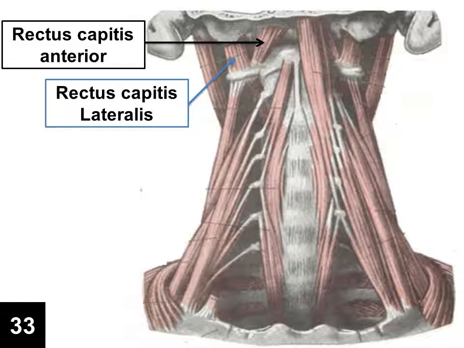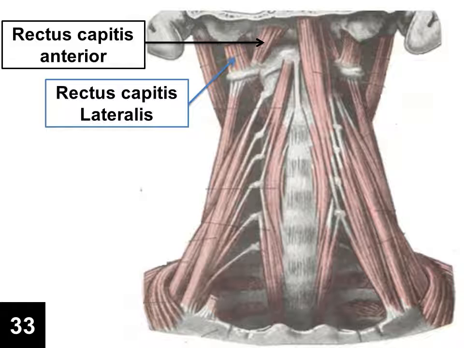The rectus capitis anterior is attached to the occipital bone just in front of the occipital condyle and inferiorly to the lateral mass of atlas. Nerve supply: ventral rami of C1. The action is flexion of the head at the atlanto-occipital joint.